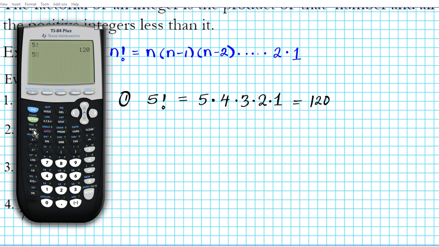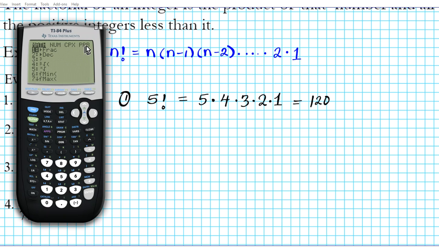Okay, so if I press math, take it off alpha, delete that. So if I press the math button, I have math, number, complex, and PRB. PRB represents probability. Okay, factorial is a key component in many probability computations when you're counting possible outcomes or total number of outcomes, so that's why it's placed under that menu item.